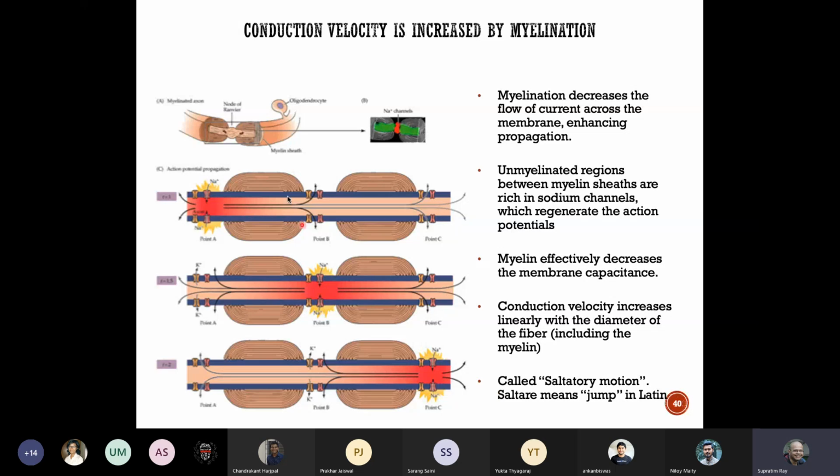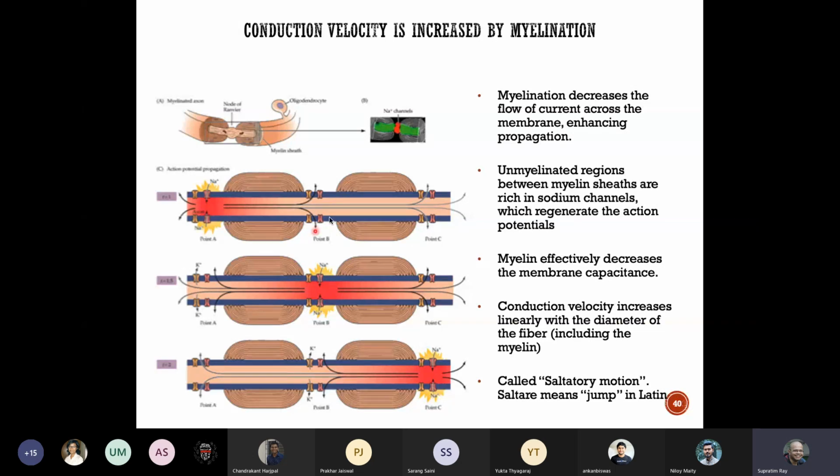So nature has played more tricks. There's what is called myelination. You cover part of the axon with myelin. It's like duct tape, which prevents current from moving out. So the current just keeps moving inside the cell.